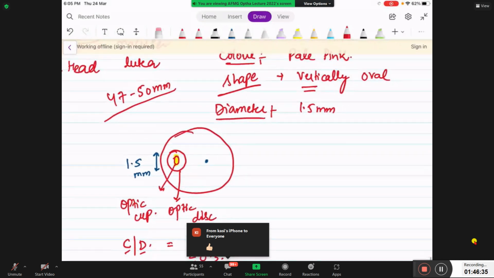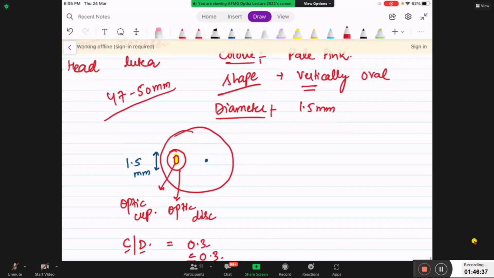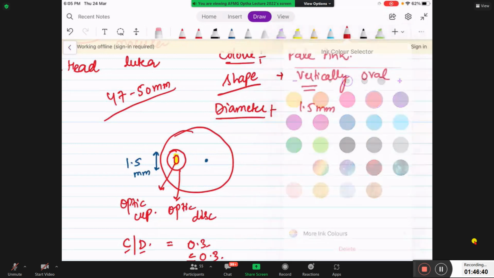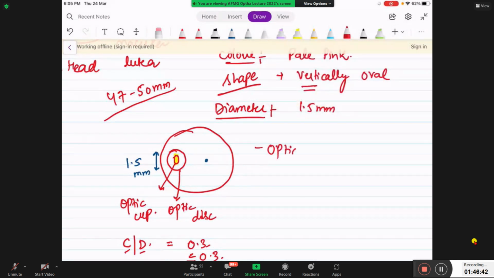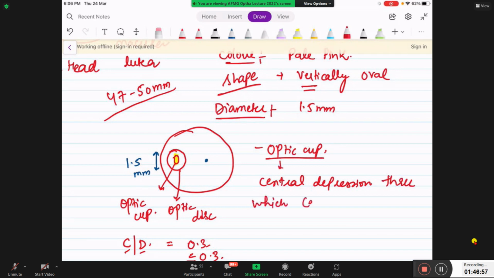Next, write down optic cup only. Next is optic cup. What is the location of optic cup? Write down. Optic cup is a central depression through which central retinal vessels, artery and veins, emerge.